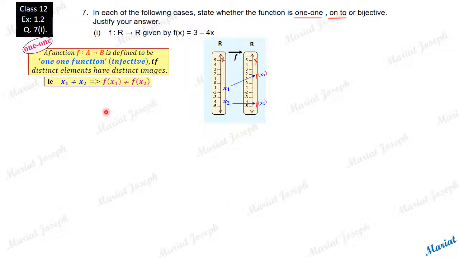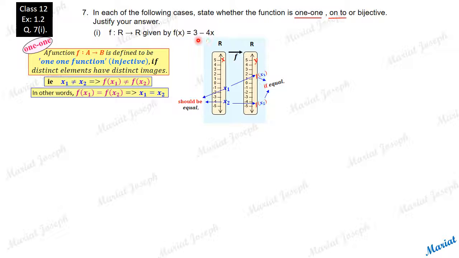Or in other words, in case the images happen to be equal, that must imply that the pre-images x1 and x2 should also be equal. These are two interpretations of the one-one function definition.